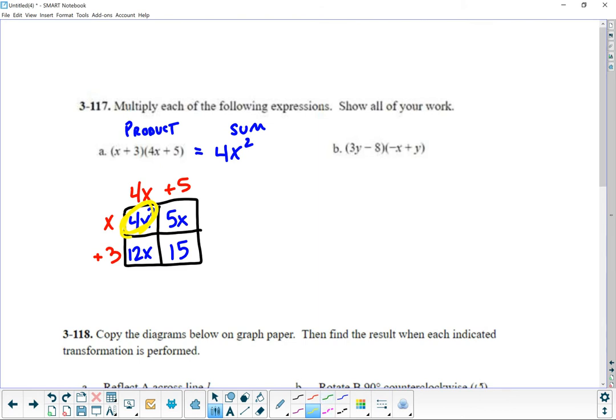And the sum is also 5x plus 12x, whatever that makes. So 5x plus 12x makes 17x. And then the rest of it, the sum is adding the rest of it up, plus 15.